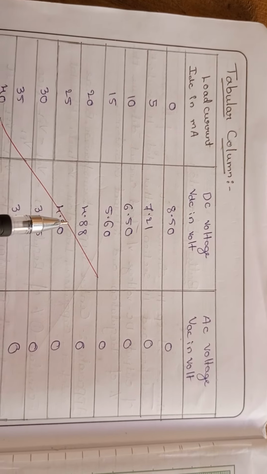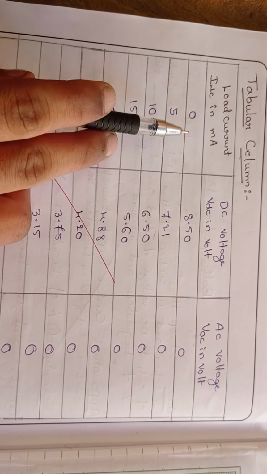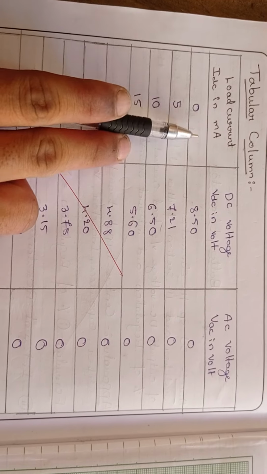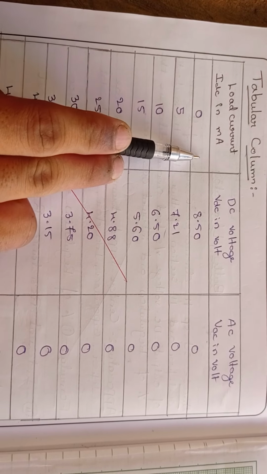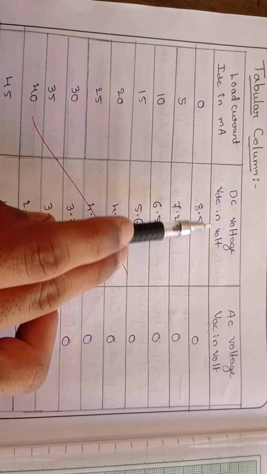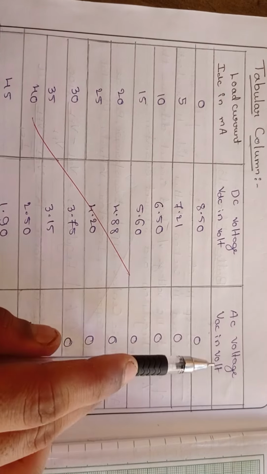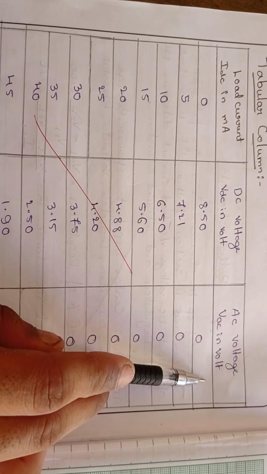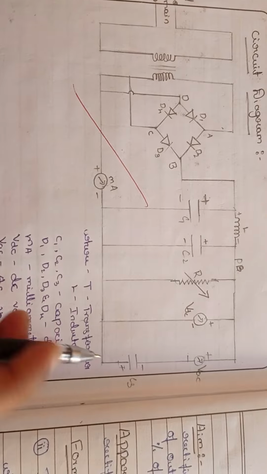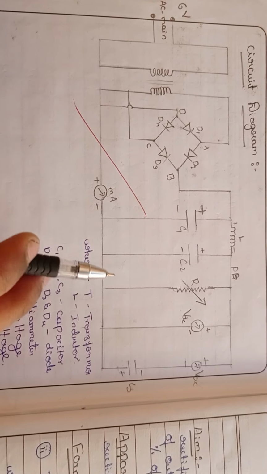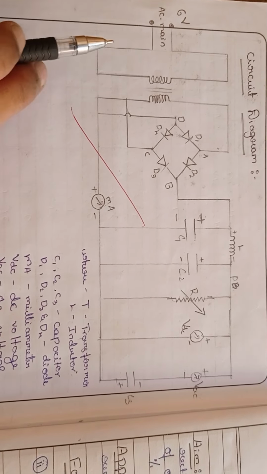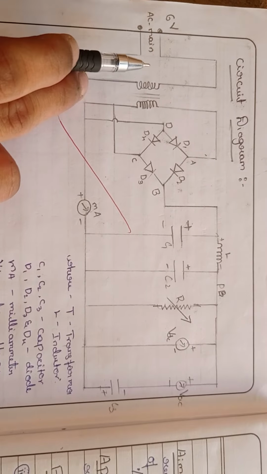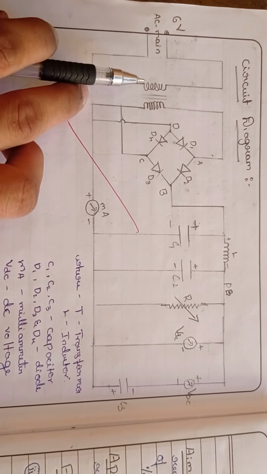Next, tabular column, that is first load current IDC in milliamps, DC voltage VDC in volt, and AC voltage VAC in volt. First we have to connect this circuit, then we start power supply to this circuit.